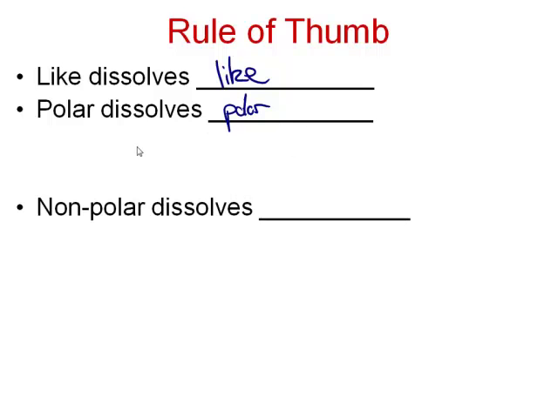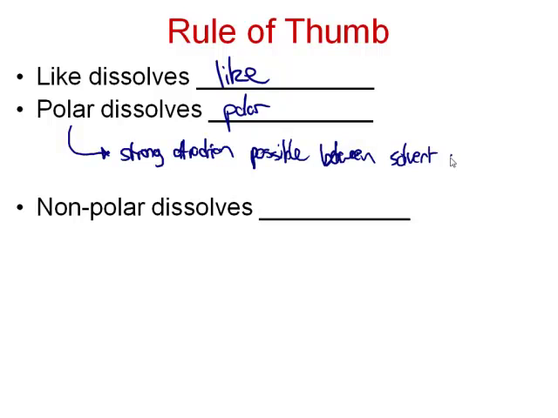And the reason why is because if we have a polar solute and a polar solvent, there's strong attraction possible between solvent and solute particles. Also, we know that nonpolar things tend to dissolve nonpolar solutes.